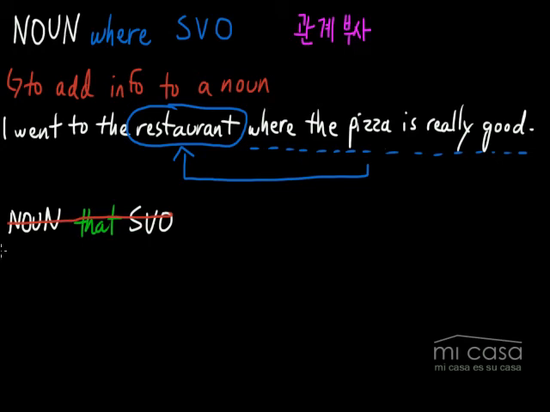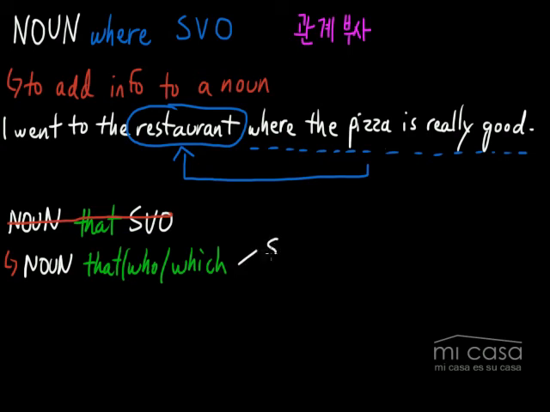What you have to do with just normal 관계대명사, like that, who, or which, is say a noun, that, who, or which. And after this, you have two choices.